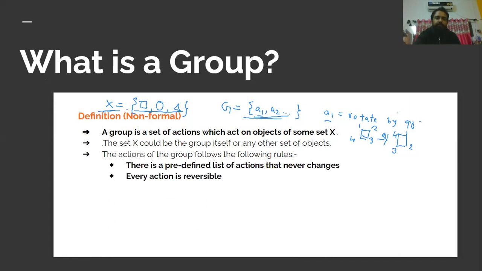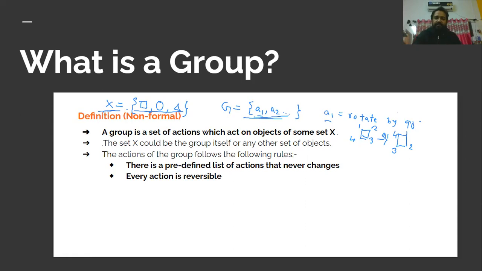Let's look at the rules. There's a predefined list of actions that never changes. For example, rotation by 90 degrees is a predefined action, and it is denoted by, say, A1, and it will remain A1 universally. It will never change.